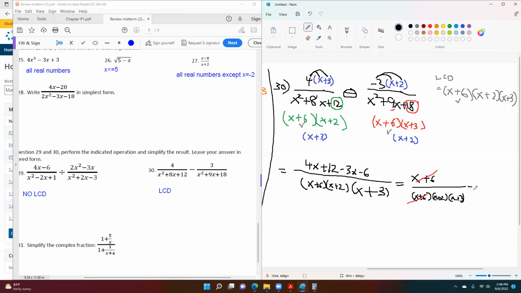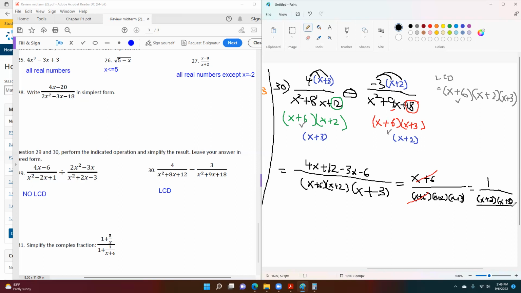So what you are left with here is 1 over, because once you cancel the top one and you have nothing left, you don't get 0, you get 1. Okay. And the denominator here is just x plus 2 and x plus 3. So this is your answer for question number 30. You will get 1 over x plus 2 times x plus 3.